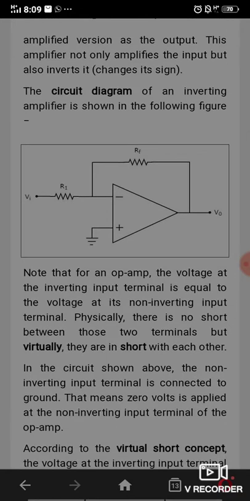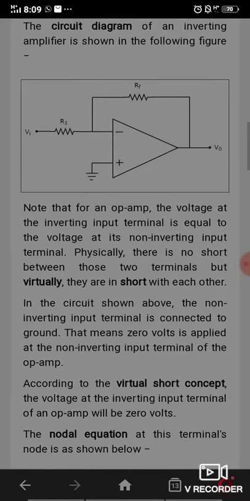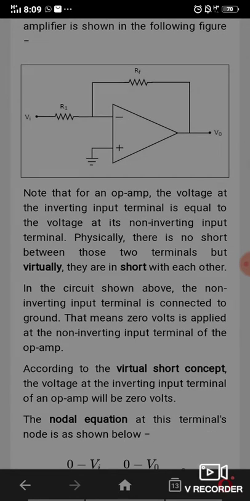In the circuit shown above, the non-inverting input terminal is connected to the ground. That means 0 volts is applied at the non-inverting terminal of the op-amp. According to the virtual short concept, the voltage at the inverting input terminal of an op-amp will be 0 volts.